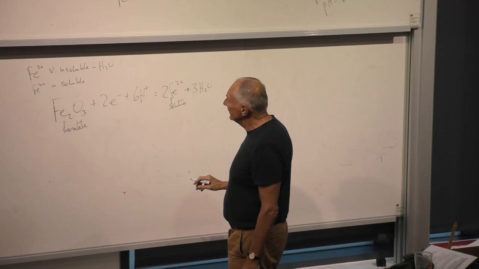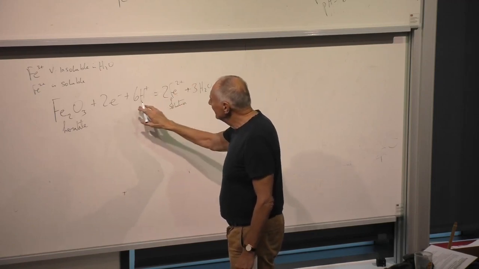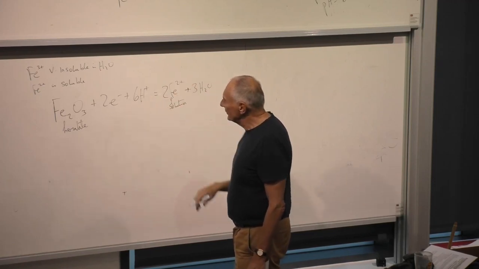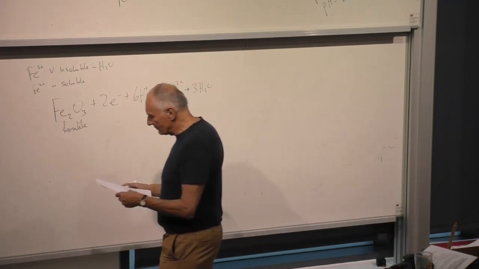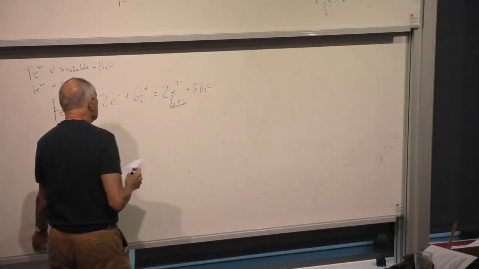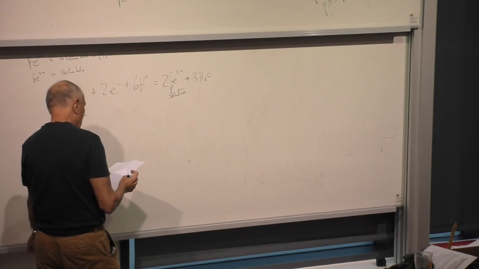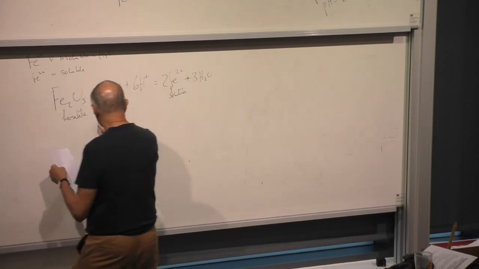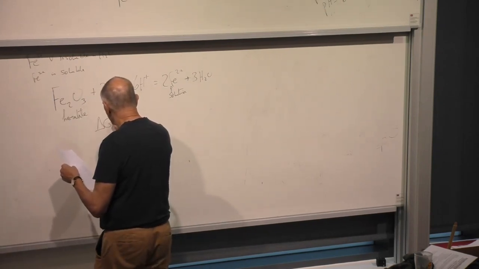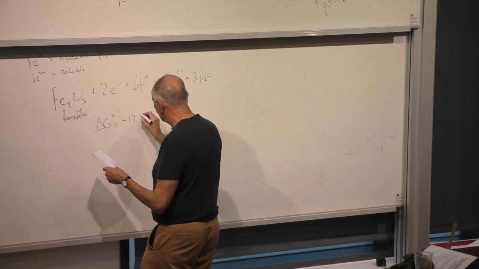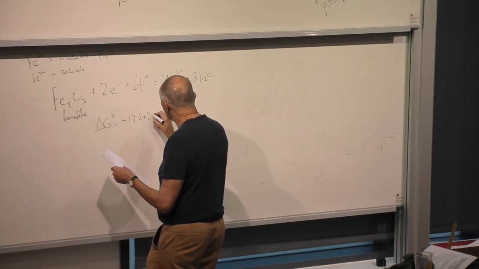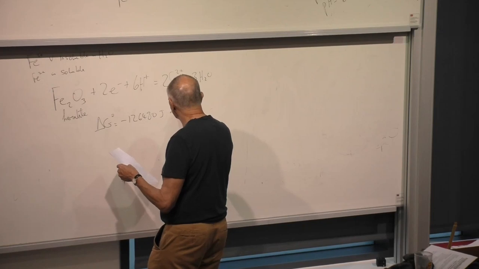And that should hopefully be charge balance: 6 minus 2 is 4 on that side. And log K for that reaction, well, delta G0 is minus 126,480 joules at 298.